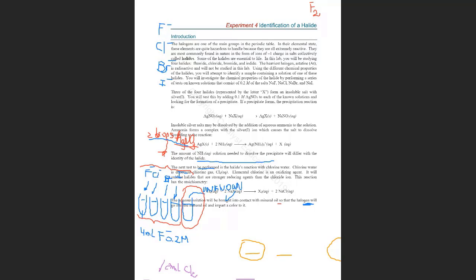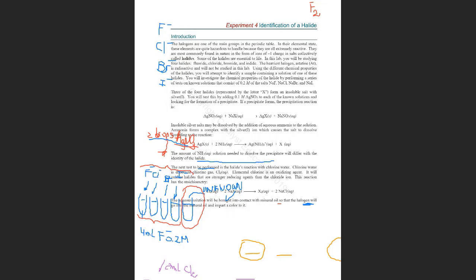So before we add the chlorine water, the color of the mineral oil is colorless. Then we are going to add the chlorine water. And we said that the fluoride is not going to change. This part is going to be colorless. What is going to happen with the chloride? We are going to see a yellow. A yellow is the color of the Cl2 in the mineral oil.